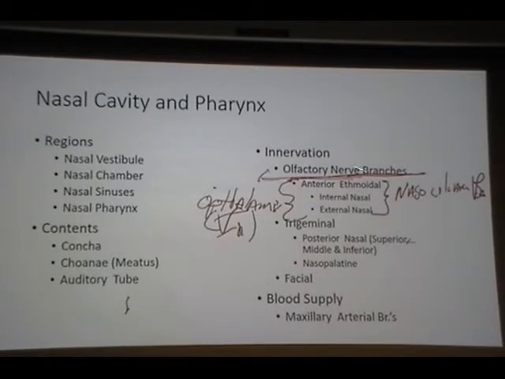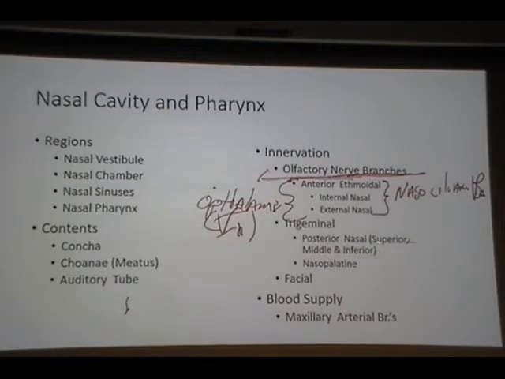The olfactory nerve branches are associated with the sensation of smell. That's a special sensation. They are high up in the area of the nasal cavity, and they're associated with detecting odorants. We'll talk about that more when we talk about taste and smell in neuro.